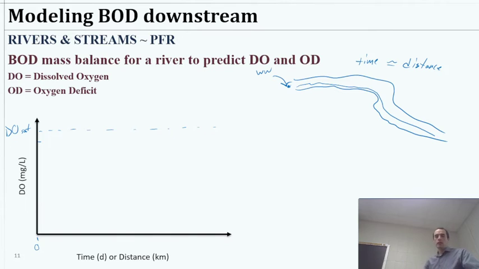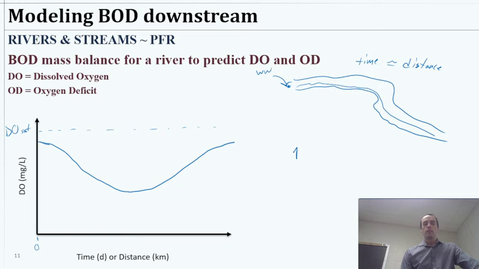as the biological activity begins to consume oxygen in the river water, we've got a condition where we will have a sag curve, and at some point it's restored back towards its natural state, towards the DO saturation. If there was no extra organic matter ever added to the river at all, we might end up reaching saturation or something like that. But essentially what we have going on is two rates.